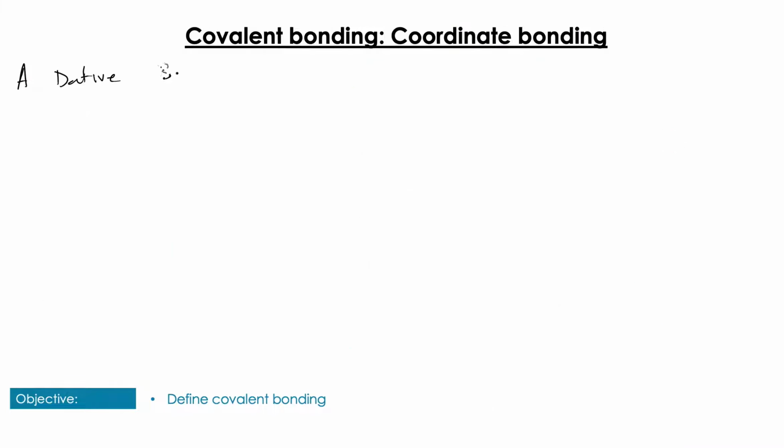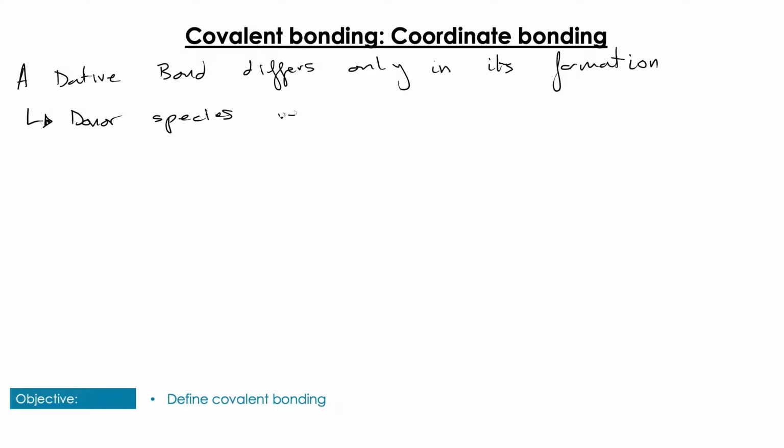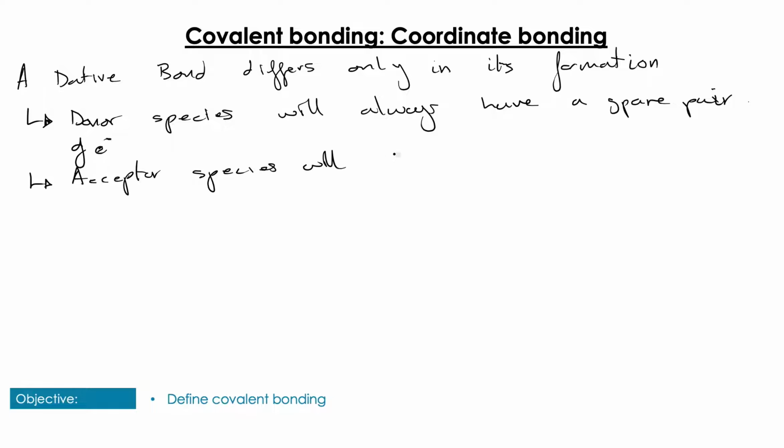Now, just looking in a little bit more detail at coordinate or dative bonding, as I mentioned, the dative bond differs only in its formation. The rest of the bond is the same. We can also say to watch out, donor species will always have a spare pair of electrons, and acceptor species will always have an incomplete octet.